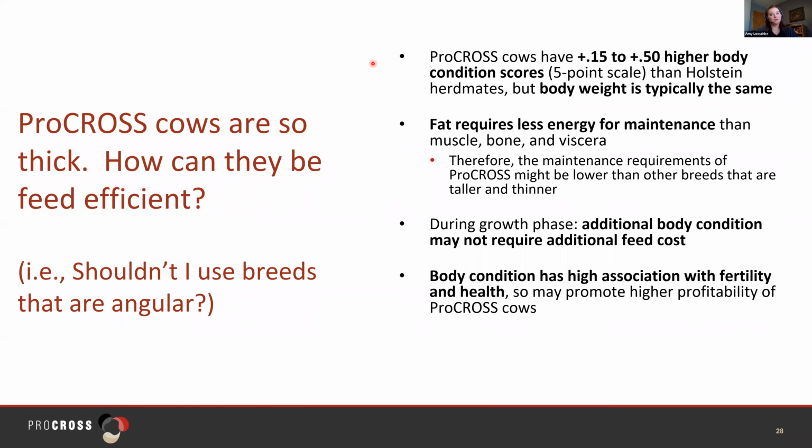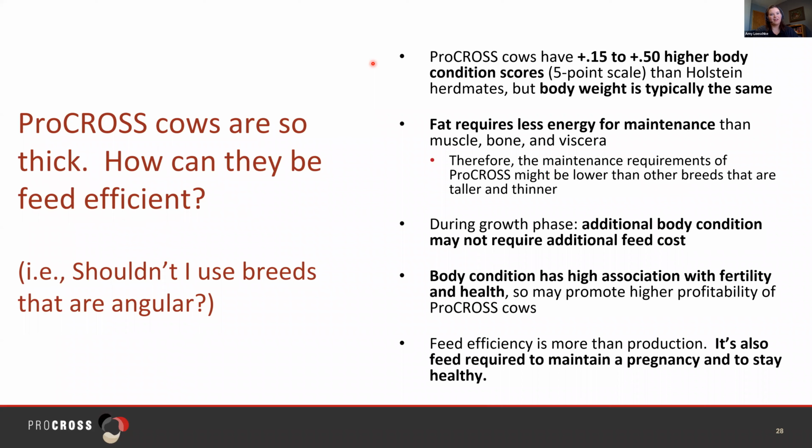Body condition is really important though for fertility and health, and that's why it's really desirable on a ProCROSS cow. And on this topic of feed efficiency, we're really good at considering feed efficiency only as pounds of solids produced or pounds of milk produced over the feed she eats.